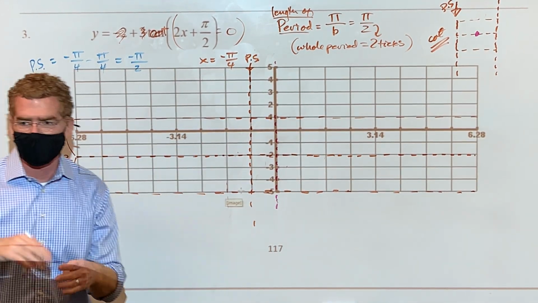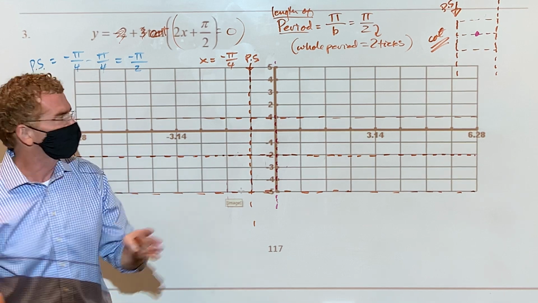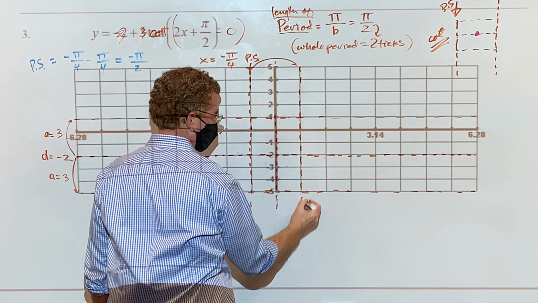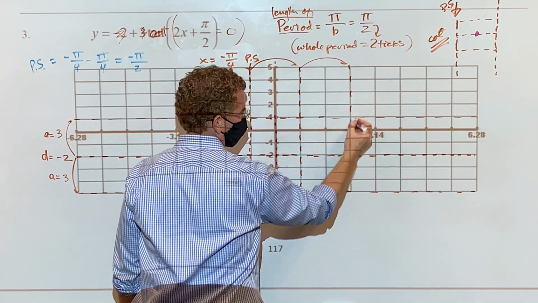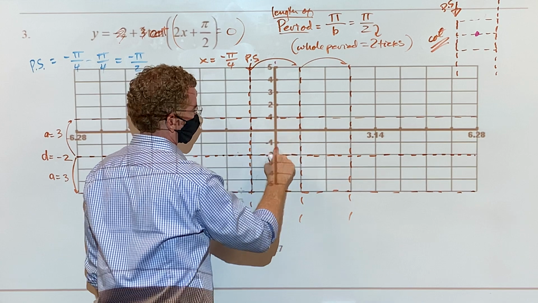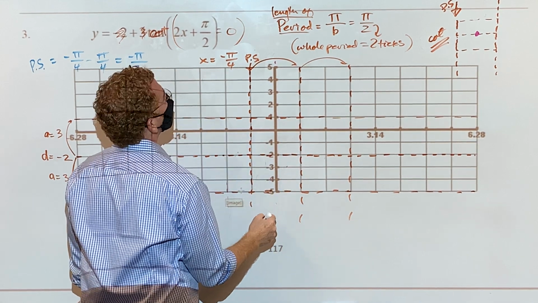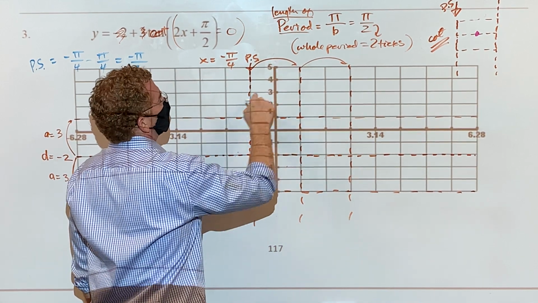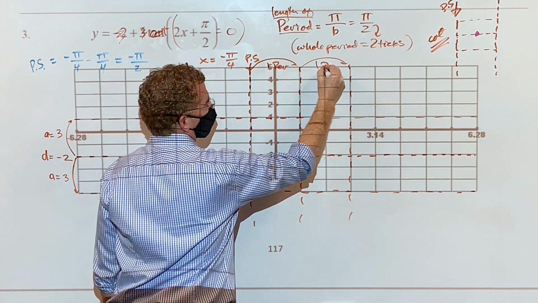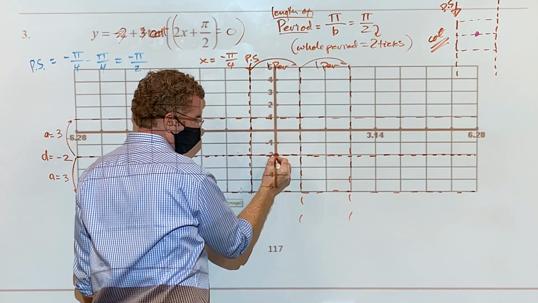And in this case, you don't have to go half a period each way, do you? Because it's at the beginning, you go a full period to the right, another full period to the right. You're still going to mark the middle once you get there. So you mark the phase shift, go one period, and then you're still going to go to the middle.